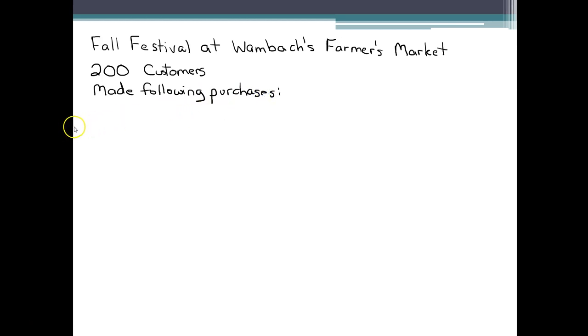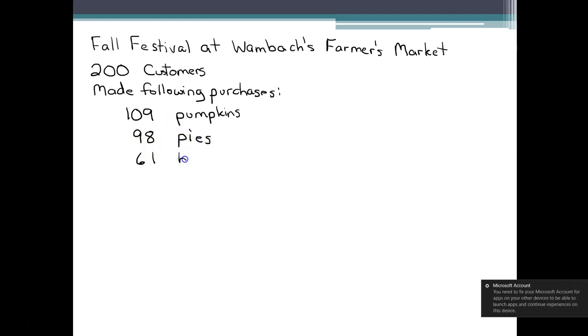We have 109 that purchased pumpkins, 98 that purchased pies, and 61 that purchased both pumpkins and pies.